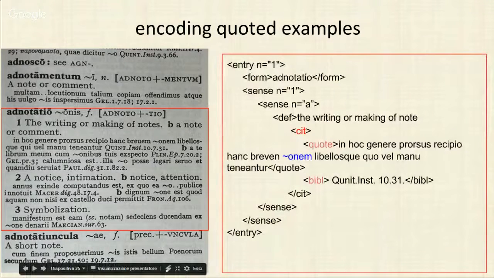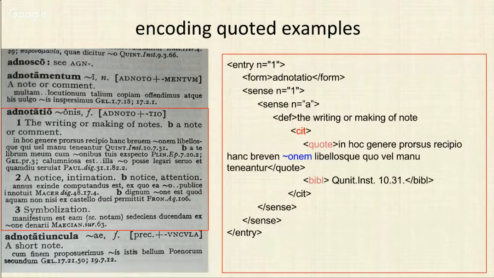Now, encoding the quoted examples is not very much different. We use again the cit element, and then the quote and the bibliographical element in order to put the reference in it, the reference to the work where the phrase comes from. As you see, our dictionary in print form has a structure where the two different definitions are put together, with A and B, and then the two sets of examples are also put together with A and B. We will not encode it like that.